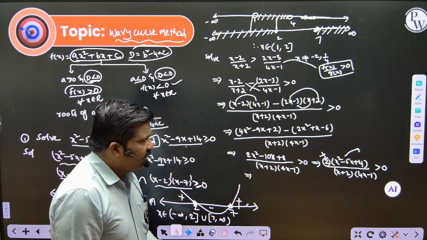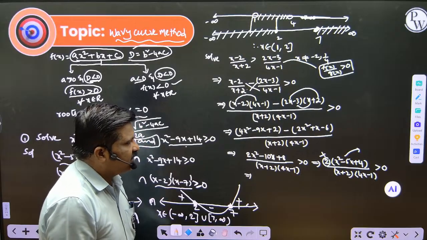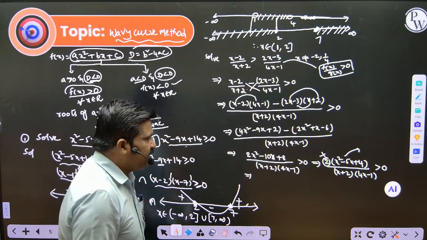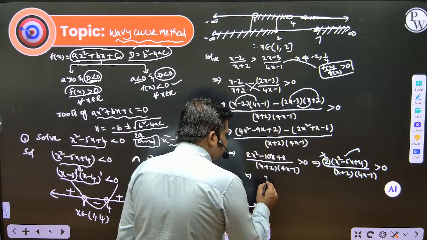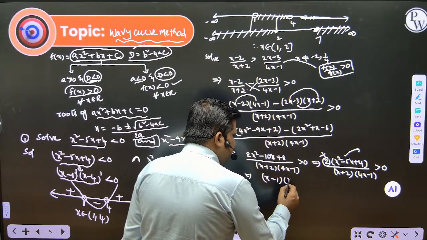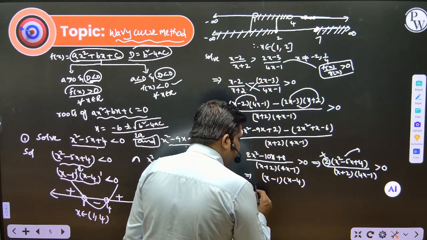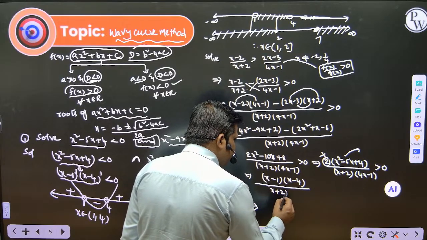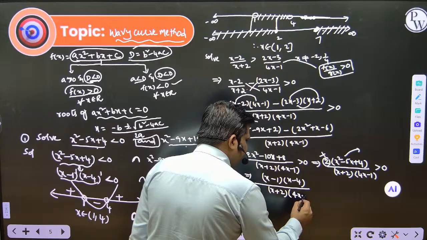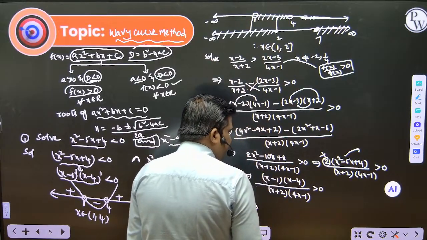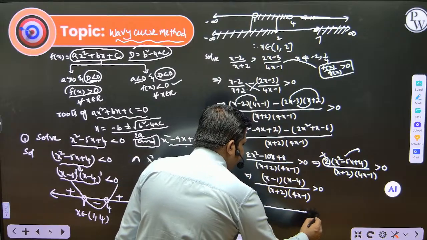The numerator also has a quadratic expression, so it also resolves into 2 factors. What is that? (x minus 1) into (x minus 4) divided by (x plus 2) into (4x minus 1) is greater than 0. Now apply the wavy curve here.